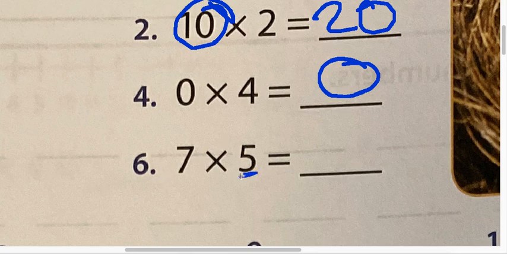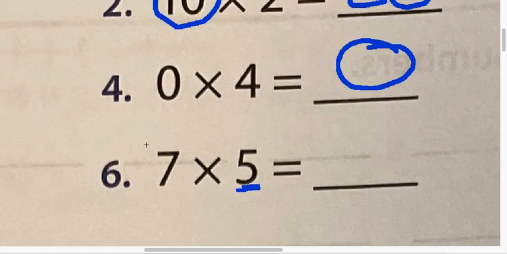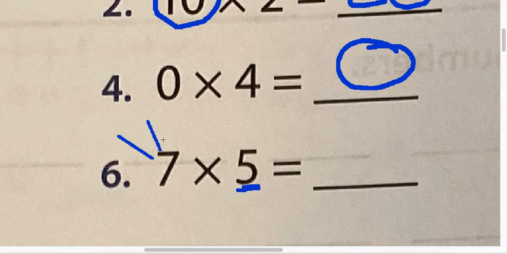And then we go to the next factor, which is 7, and we draw 7 lines. 1, 2, 3, 4, 5, 6, 7.